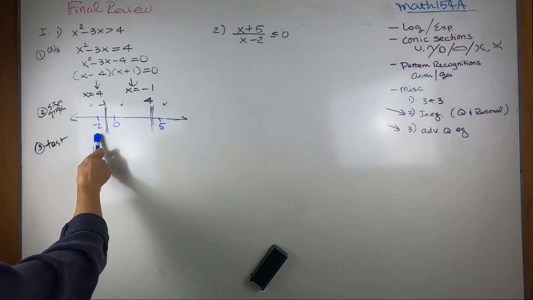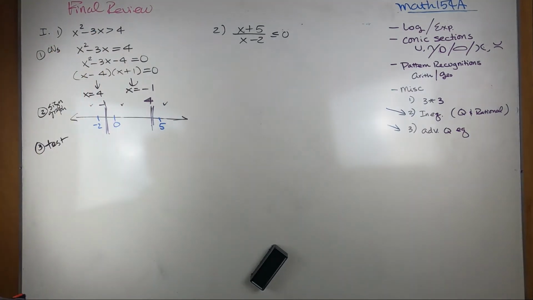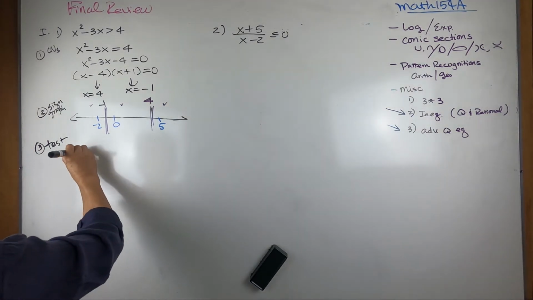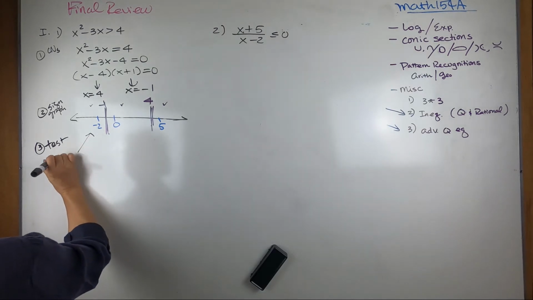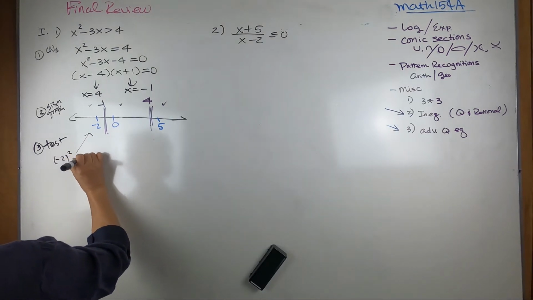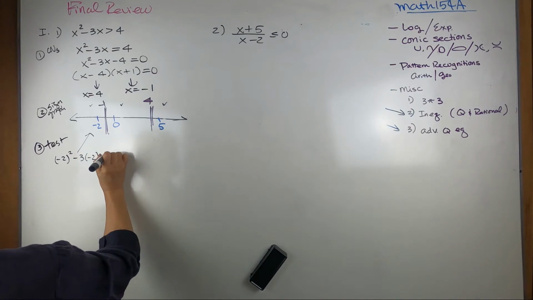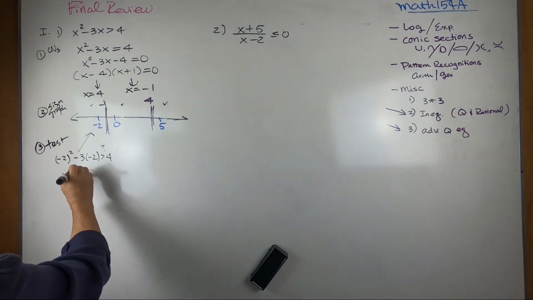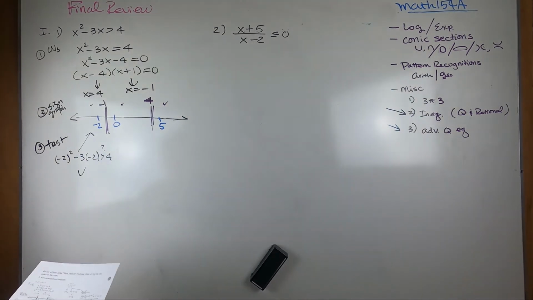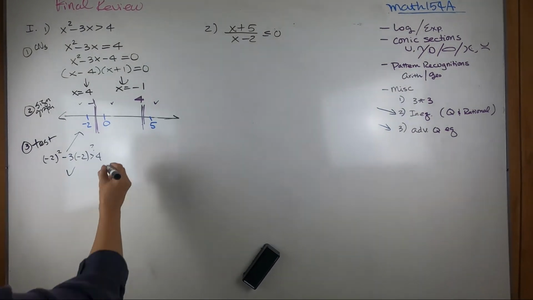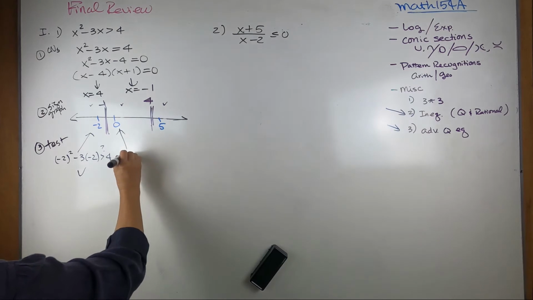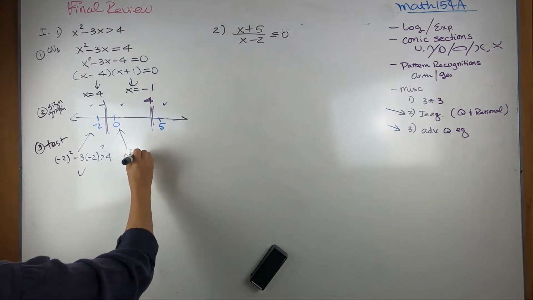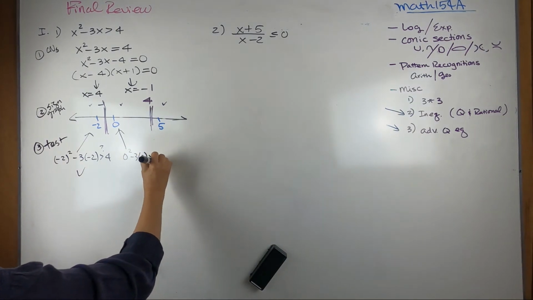When you do the test, you need to plug into the original. So when you have -2, do we have -2 squared minus 3 times -2 bigger than 4, right? 4 plus 6, yes. Is that right? Then for 0, you say 0 squared minus 3 times 0 bigger than 4.